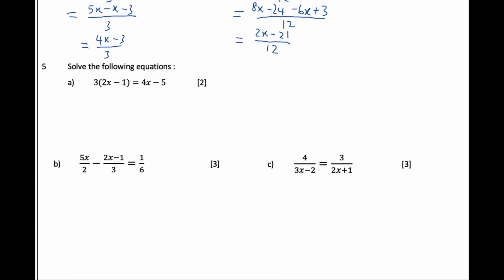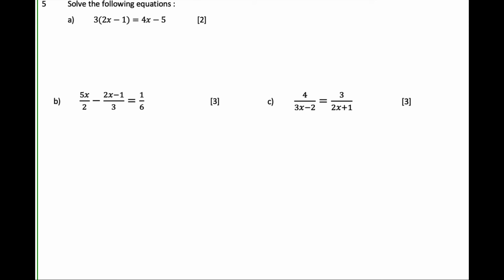In the last few sums, we are looking at equations. In the first set of equations, there are brackets, so the first thing we do is to open up the brackets. 3 times 2x is 6x. 3 times minus 1 is minus 3. Next, we remove the 3. We add 3 to leave 6x.